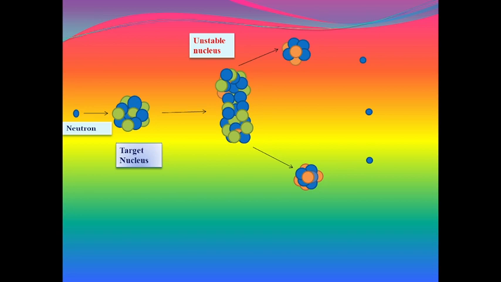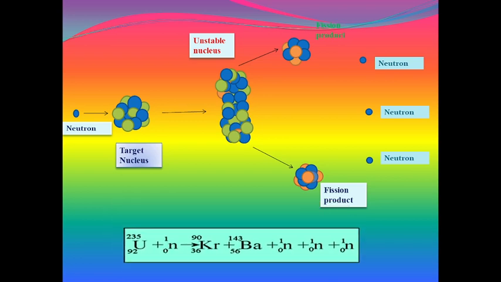This is the unstable nucleus. Then that unstable nucleus will produce two lighter nuclei, called fission products, along with three neutrons. Such kinds of reactions are called nuclear fission reactions.